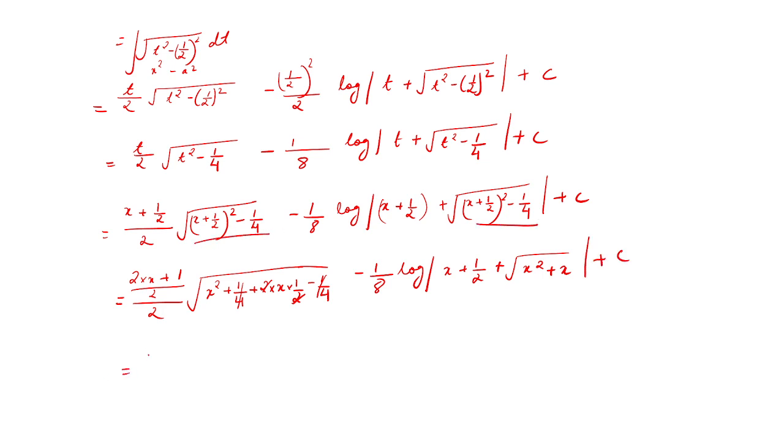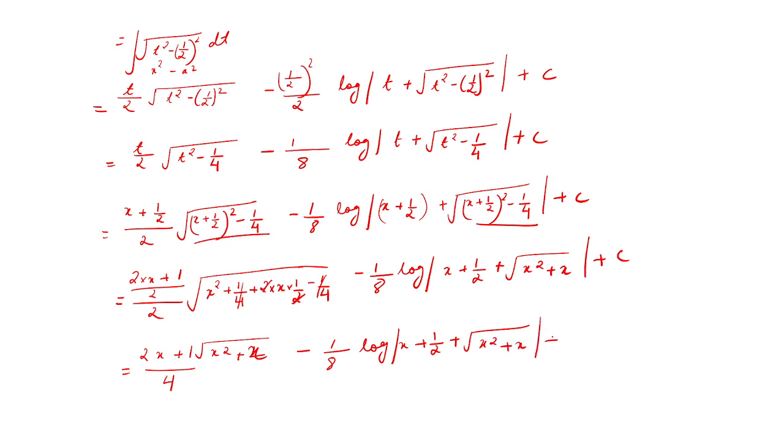So after this, you'll get (2x plus 1) root over x squared plus x, divided by 4, minus 1 by 8 log of x plus half plus root over x squared plus x.